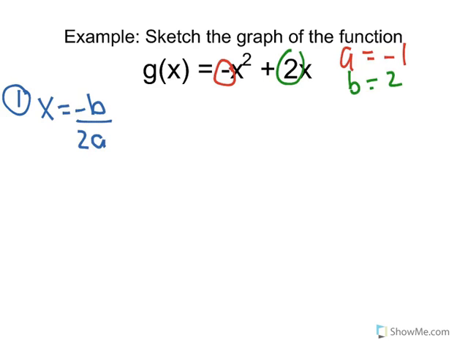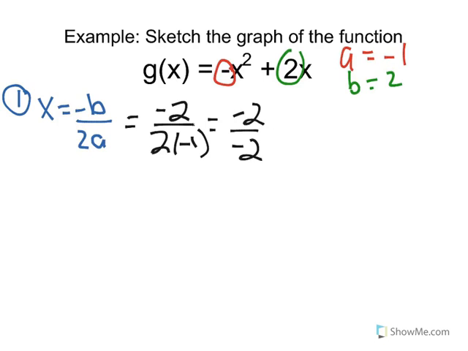So now let's substitute them in. So it becomes negative 2 divided by 2 times negative 1. So on top we have negative 2, and on the bottom we also get negative 2. So that means that our axis of symmetry is going to be x equals 1.